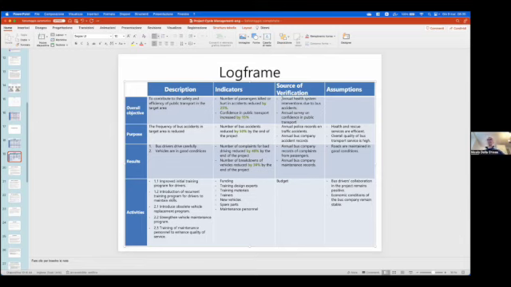Now, this is a very debated question. We have to find the right balance between the accuracy of the indicators and the sources of verification and the costs of performing the measurement of the indicators.